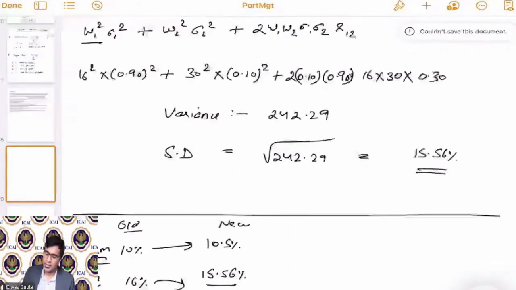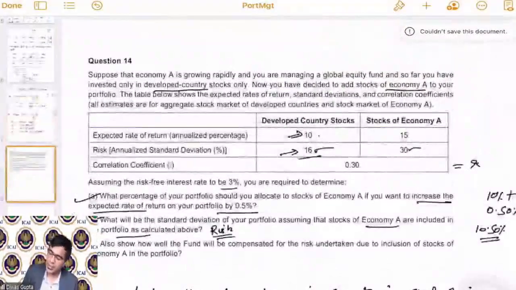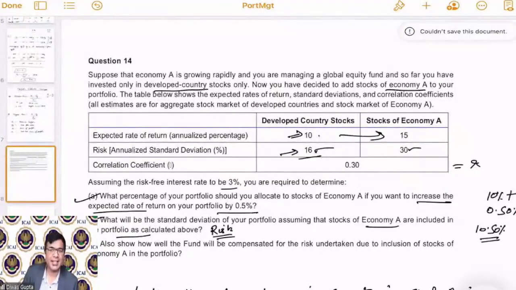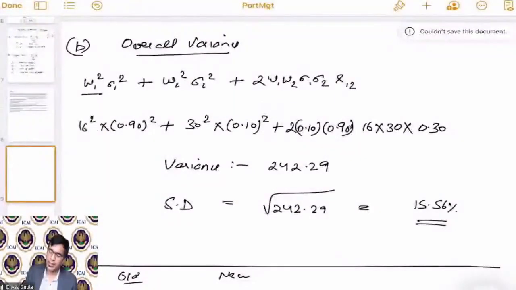Correct. See, although the return is increased in economy A stocks, the risk is also higher. But what he is observing is, since there is a lesser correlation between both of them, it will bring down the overall risk, because as per the mathematical formula also, it just multiplies by 0.30.